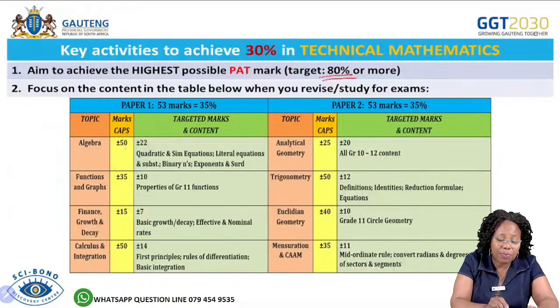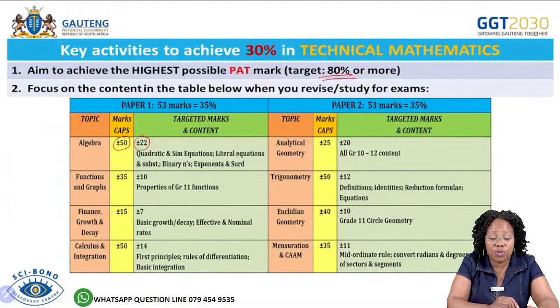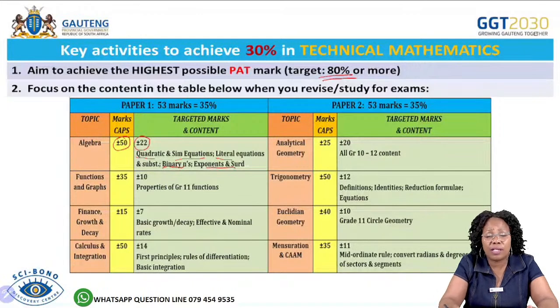Therefore, with algebra, remember algebra, the total is plus minus 50 there. So you can target plus minus 22 by looking at the quadratic equation, simultaneous equation, the literal equation, and substitution, the binary numbers, exponents, and sets. You can repeat and repeat that, grade 12, until you get your plus minus 22 marks.